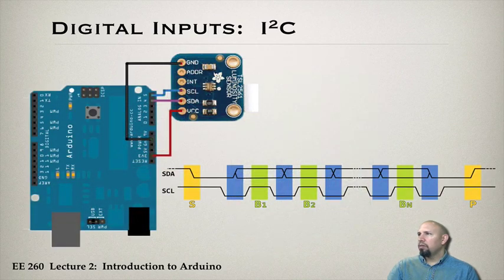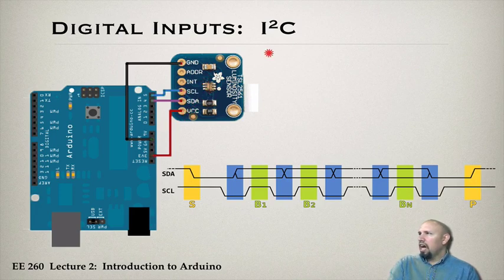Another kind of digital input is where you actually want to communicate data. Here is an example. This is a luminosity sensor, and between the Arduino and that sensor, we want to communicate.